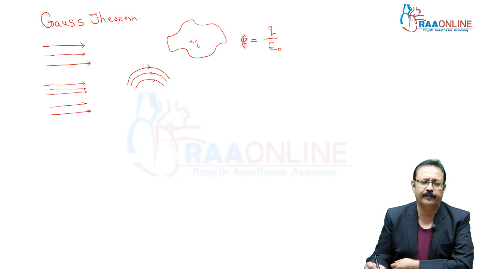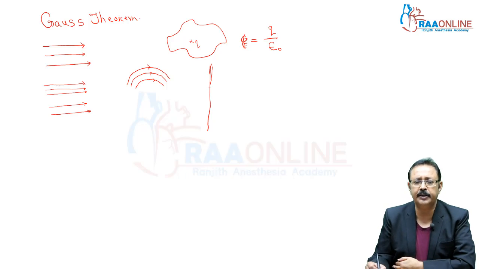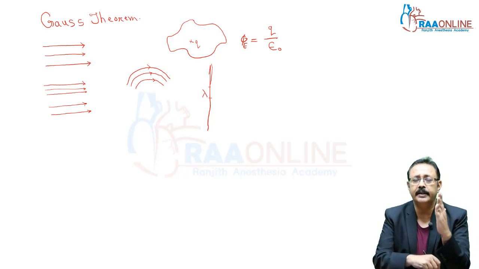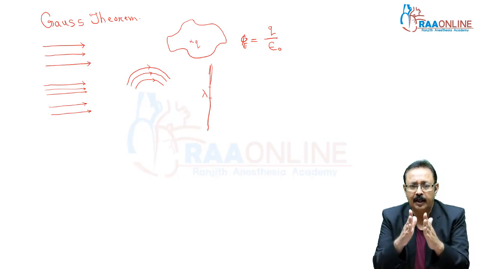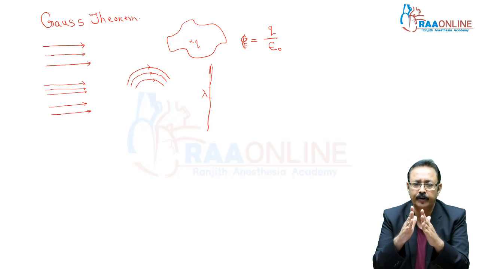Suppose I have an infinite long wire in which a positive charge is uniformly distributed, meaning in each unit length the charge is the same. Charge per unit length is known as linear charge density, charge per unit area is known as areal charge density, and charge per unit volume is known as volumetric charge density.